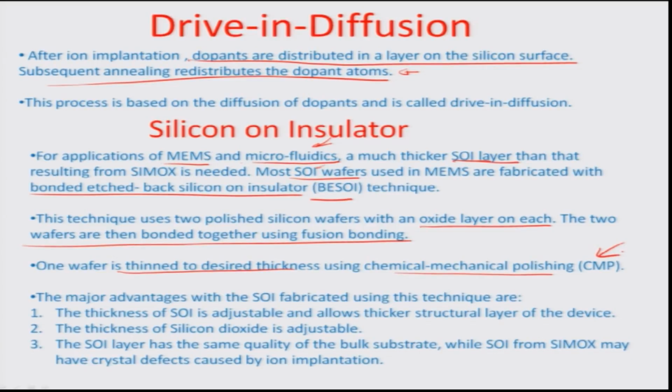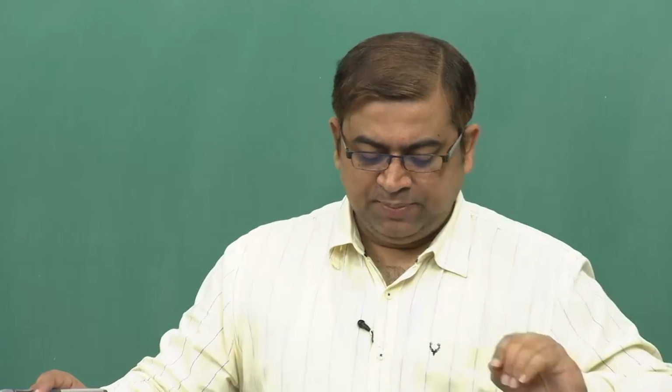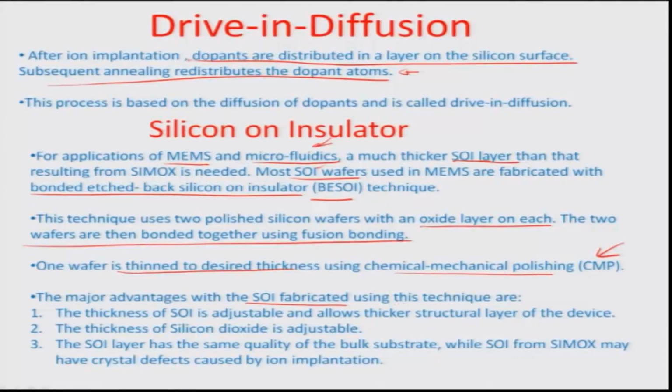So there is a thicker handle layer on top of which you have a small silicon layer and a small insulator of SiO2. So that's why it's called silicon on insulator. The main advantages of SOI fabricated using this technique are that the thickness of the SOI is adjustable, which allows thicker structural layers of the device. The thickness of silicon dioxide, again, can go up to higher values, and the SOI would have the same quality as the bulk substrate.